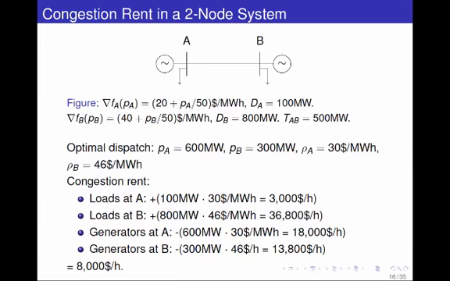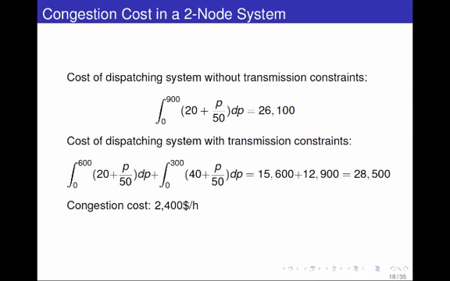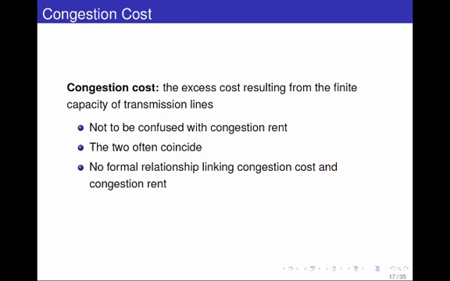So what I want to show you, before talking about the proof for the congestion rent, is that I'll present the congestion cost first. Congestion rent is the extra revenue that's collected by the system operator. Then you have the notion of congestion cost, which is the extra costs accumulating because of the existence of the line.